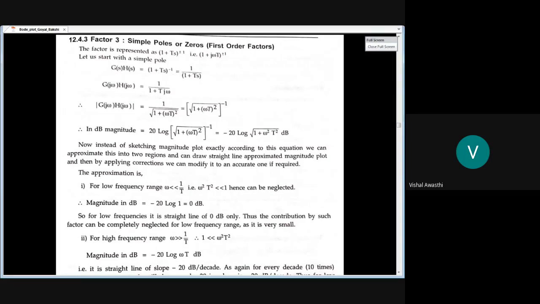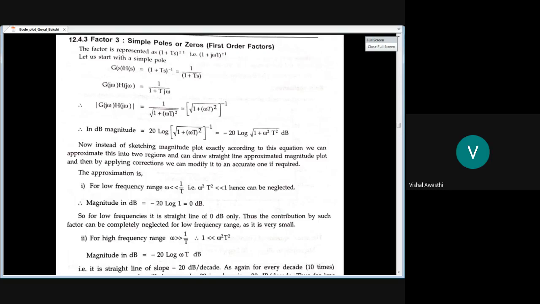So it means for the high frequency range, when the frequency omega is very much higher than 1 upon t, or omega square t square is very much higher than 1, that whole magnitude plot will follow this straight line equation whose slope is minus 20.